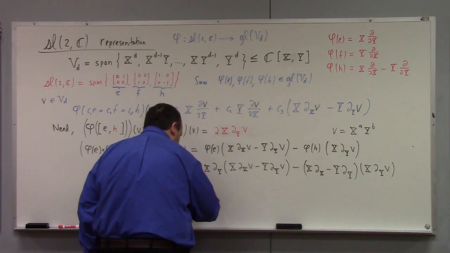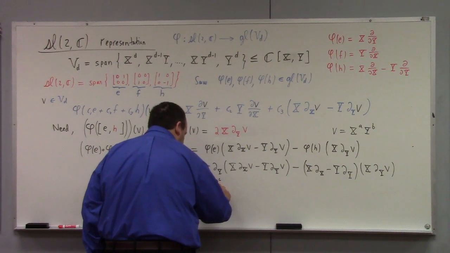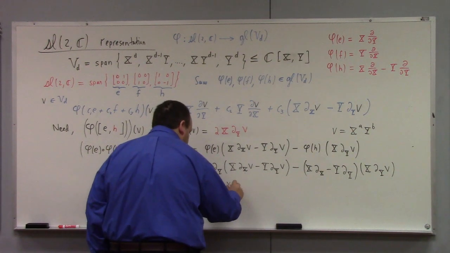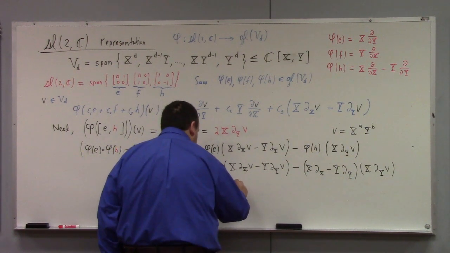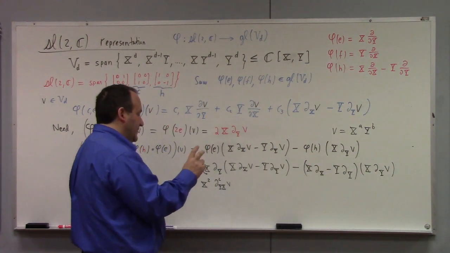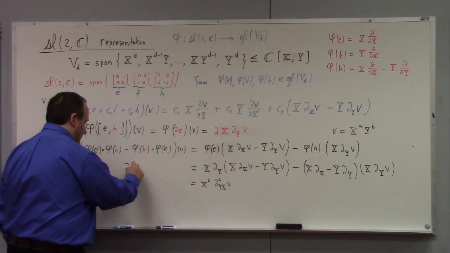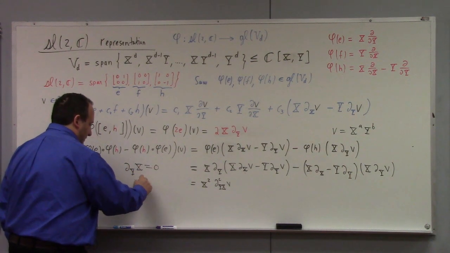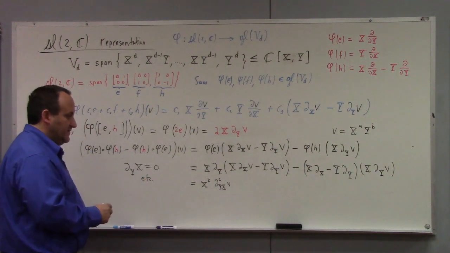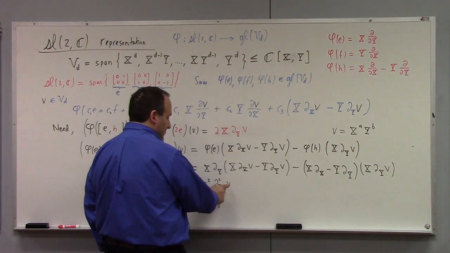So we've got x squared partial squared yx v. So some of the products are 0 because partial y of x is equal to 0, etc. So that's going to kill a lot of these products. So this acting on that just gives me that.